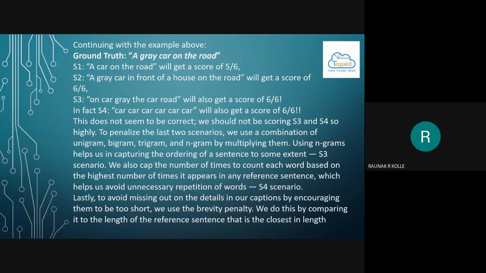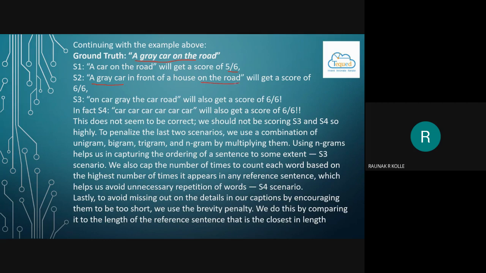We see that the ground truth was a grey car on the road. The first sentence, a car on the road, has only 5 words, 5 out of the 6 words, hence the score is 5 by 6. But if we look at the second sentence, a grey car, 3 words here, on the road, 6 words here.